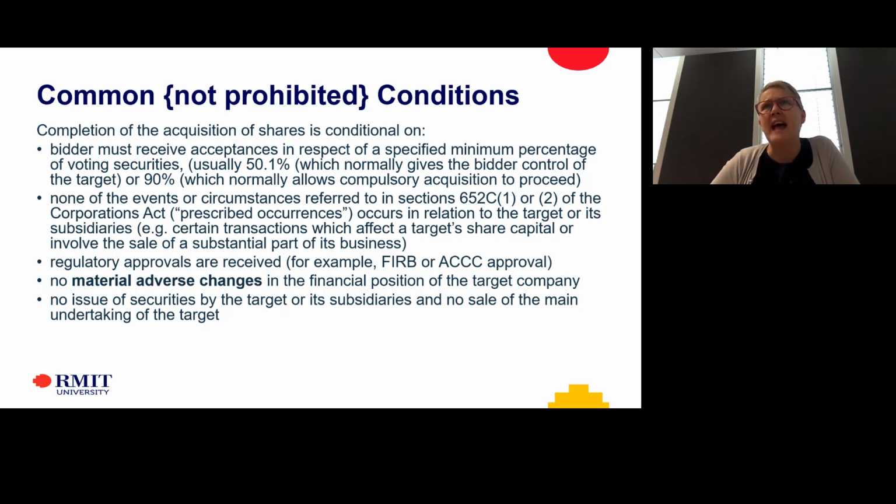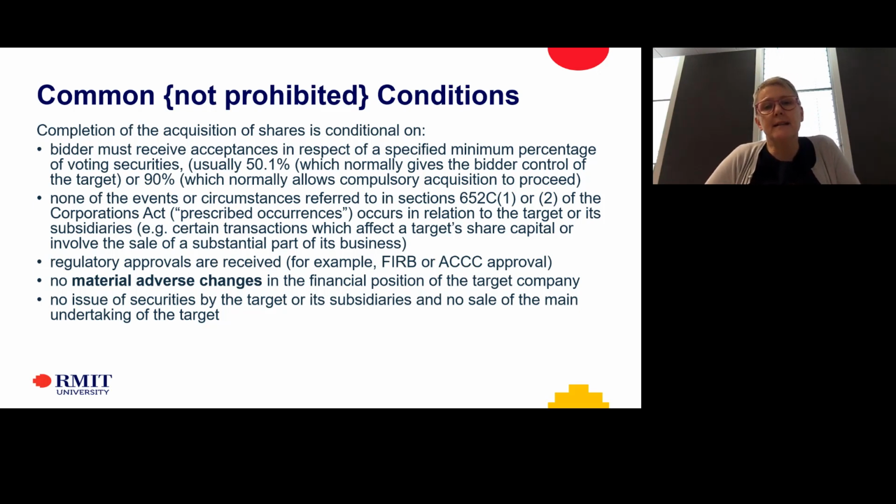Receiving that notification would be a common takeover condition. And when you think about it, if a potential takeover could have a competitive impact or could bring the FATA provisions into play, then it needs to be structured as an off-market bid, because those conditions are necessary for compliance with law, but they still need to be conditions.